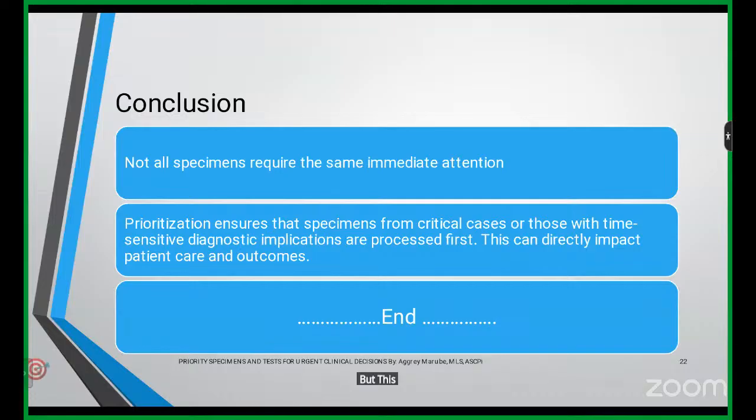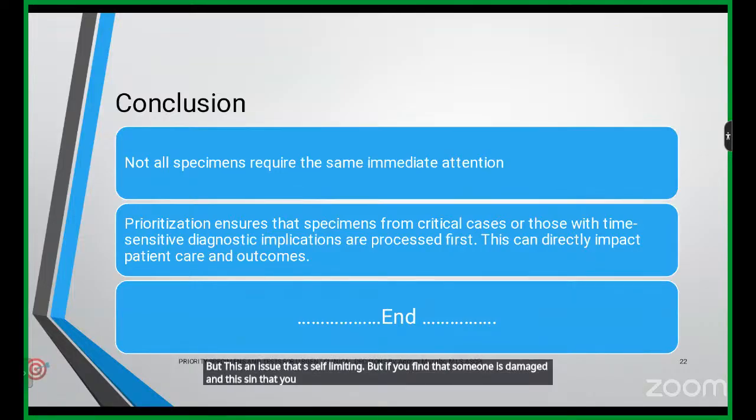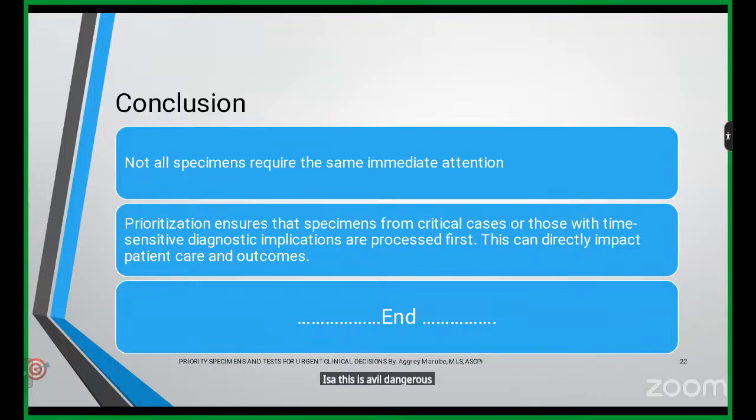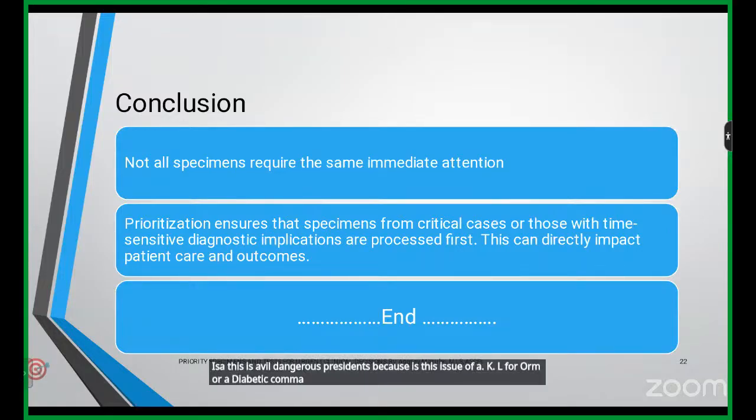But this is an issue that's self-limiting. But if you find that someone is diabetic and is indulging in severe alcoholism, it's a very dangerous precedent because there's this issue of DKA or diabetic coma, especially in hypoglycemic cases, and also hyperglycemia followed by DKA.